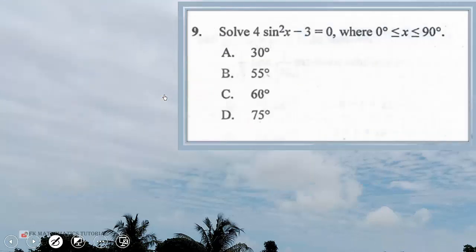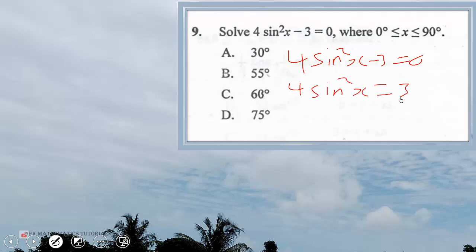We have to solve 4 sine square x minus 3 is equal to 0. So 4 sine square x minus 3 equals 0. It means 4 sine square x will be equal to 3. Dividing through by 4, we get sine square x is equal to 3 over 4. So we are solving for 0 to 90. So we can take the positive value because sine is positive in the first quadrant.